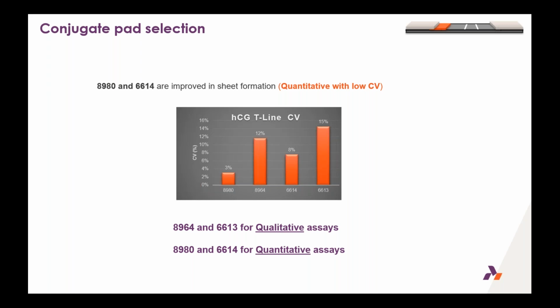Whatever the nature of the fibers, we observe the same trend with lower CV of the pregnancy test for homogeneous conjugate pads used. That makes us confident to promote more heterogeneous media for qualitative assay development and homogeneous ones for quantitative ones.